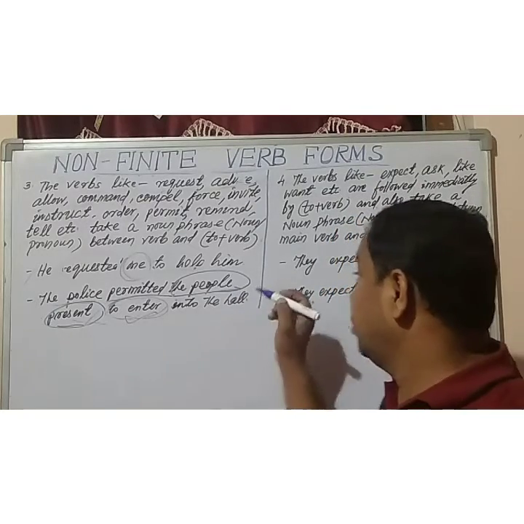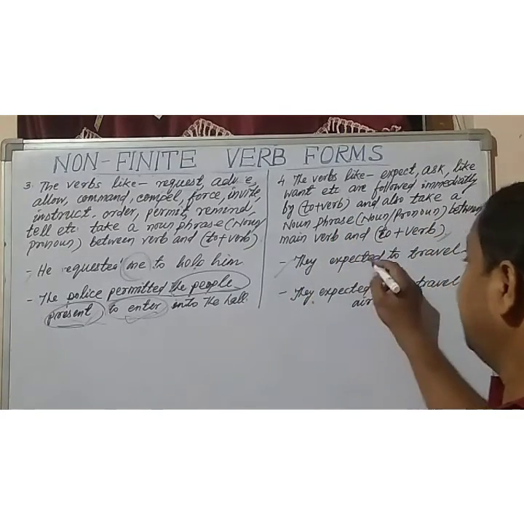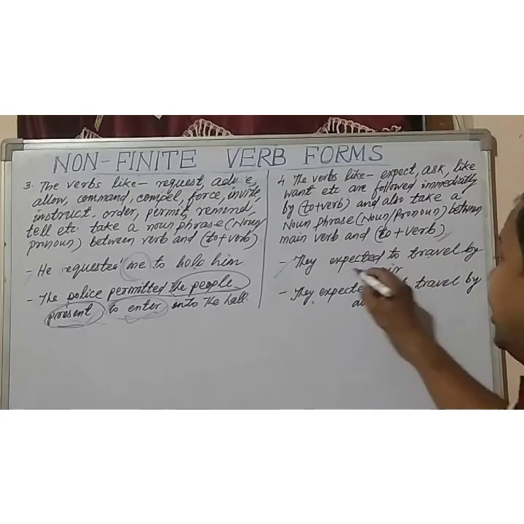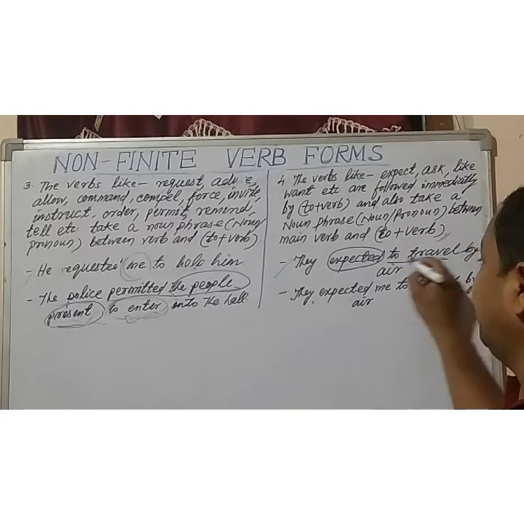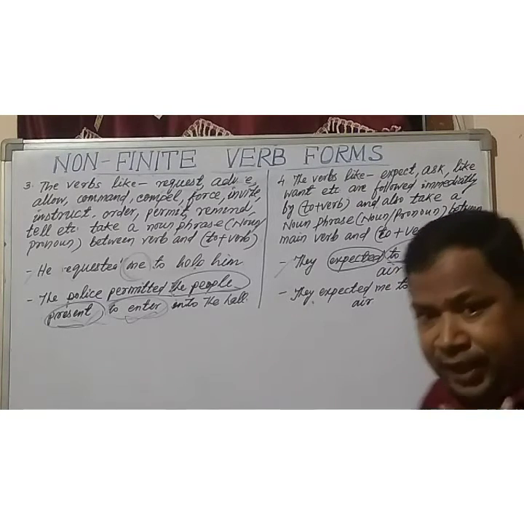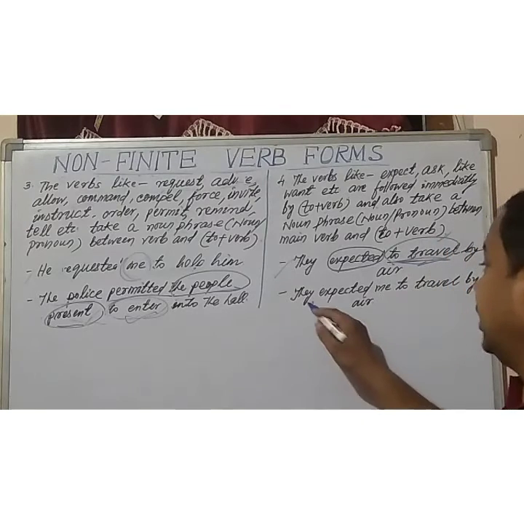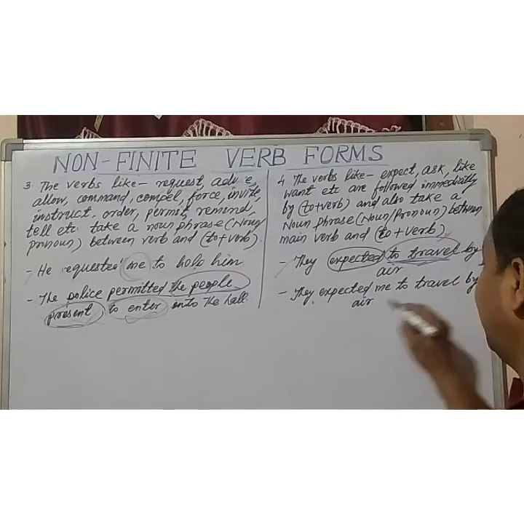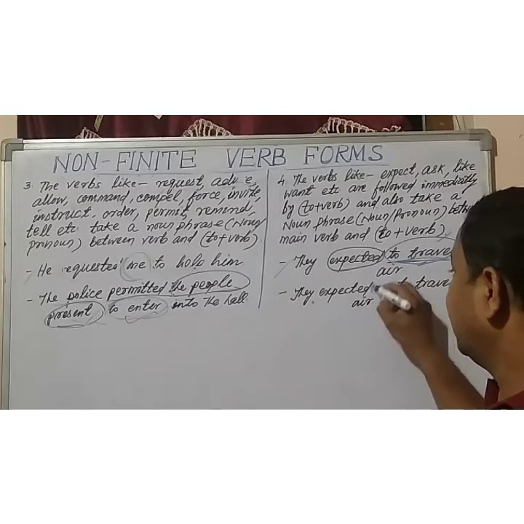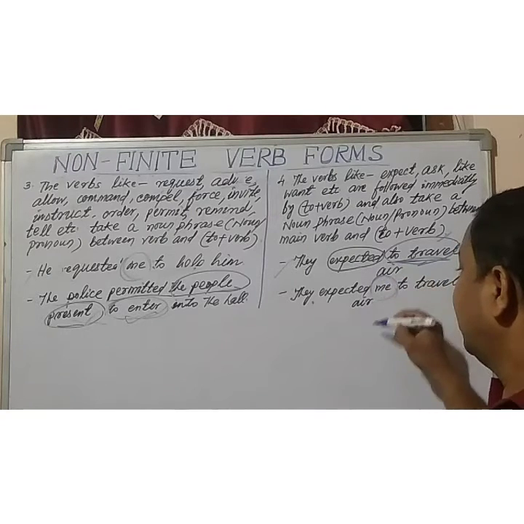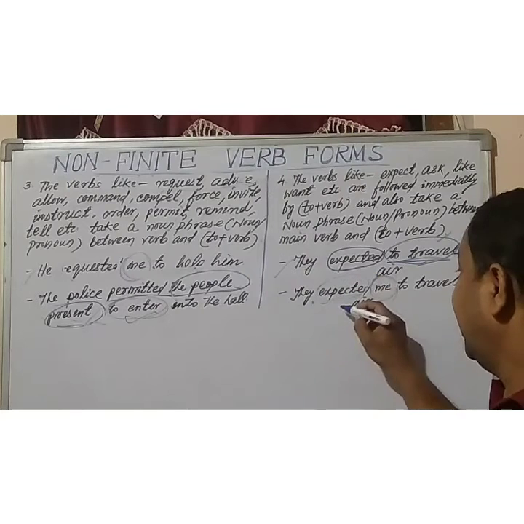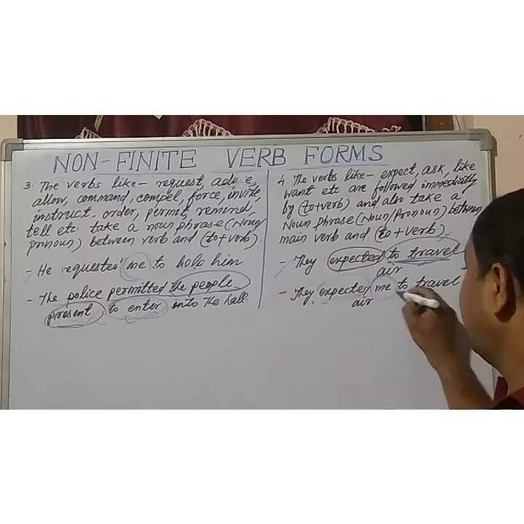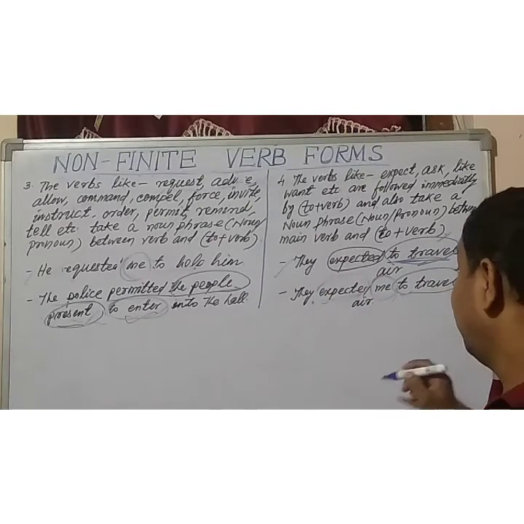That means you see the first example, they expected to travel by air. Here the expected verb is directly or immediately followed by to plus verb. But in the next sentence you see, they expected me to travel by air. Here me, this pronoun is between the finite verb or full verb and the to plus verb, that is non-finite verb.